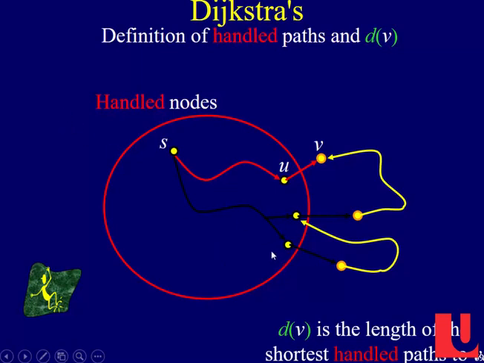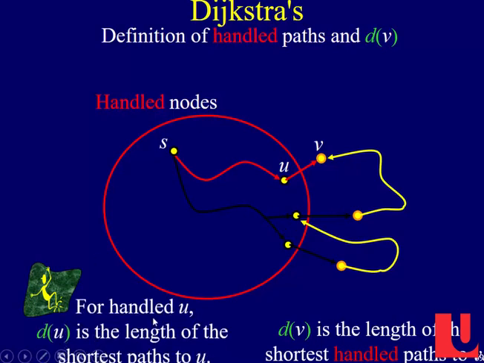Yeah, so that's what I was about to say. Don't ask questions of the things I'm just about to say, but right here, inside the handled nodes we have the best D values, and for these nodes out here we have the best handled path, right?